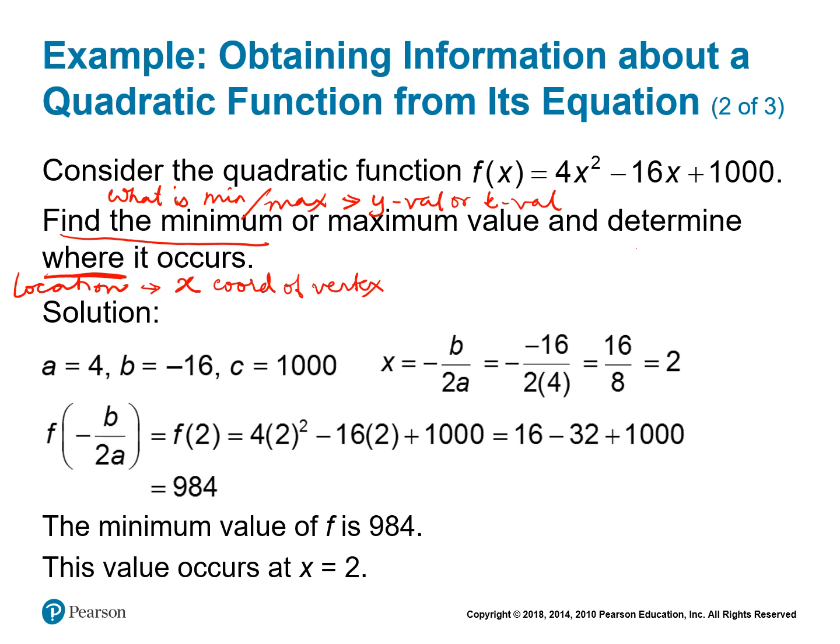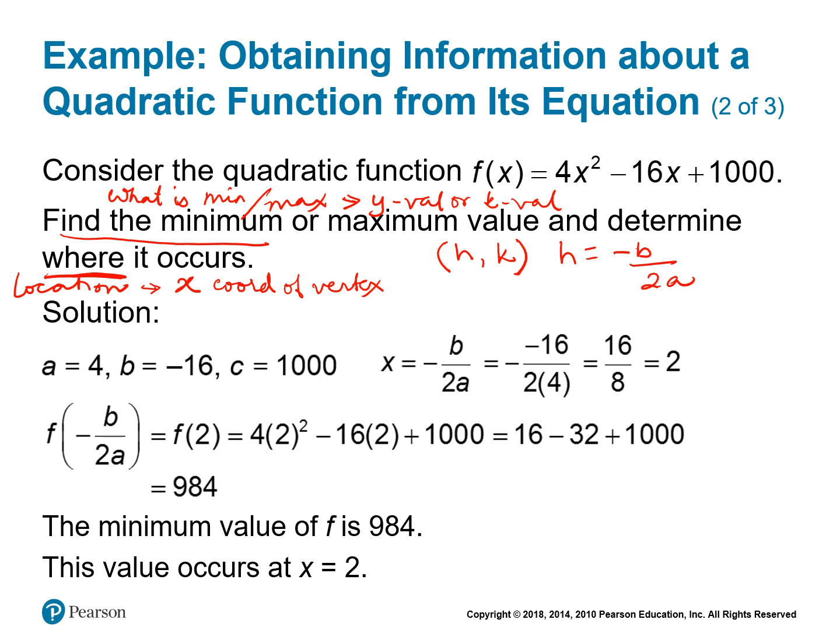In order to answer these two questions, we need to know what the h and k values are. All right. So we have h comma k, which are the coordinates of the vertex. To find the h, the formula is minus b over 2a.